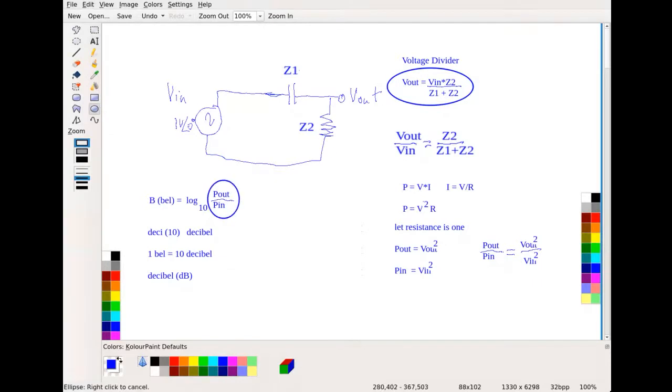It's about the power that you're getting out. But remember that power is really just the square of the voltage, assuming that the resistance is constant. It's the square of the voltage out divided by the square of the voltage in.